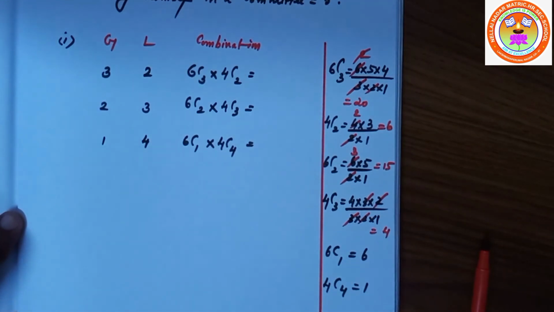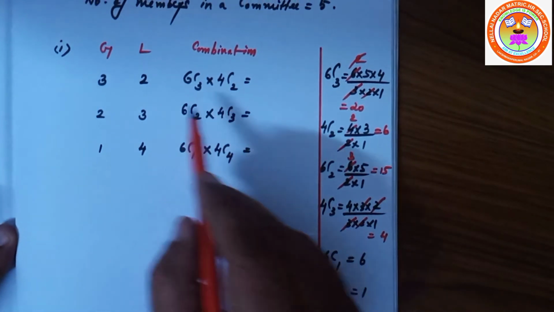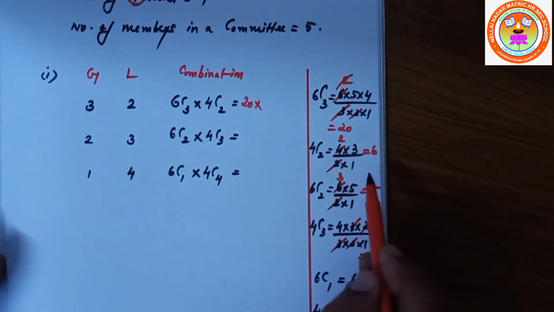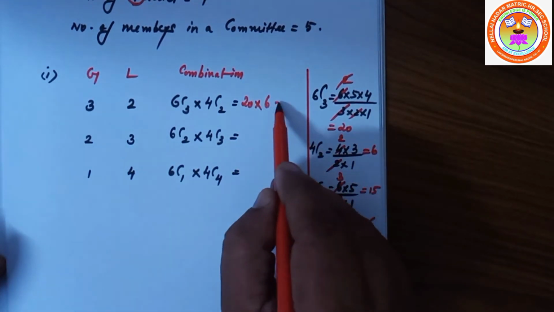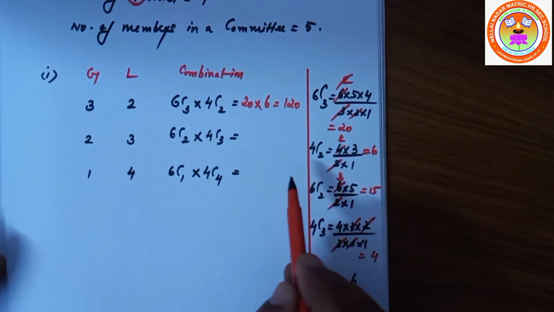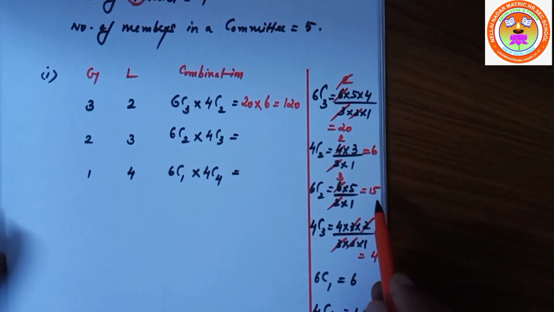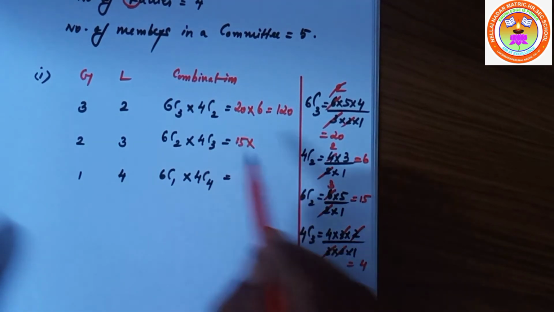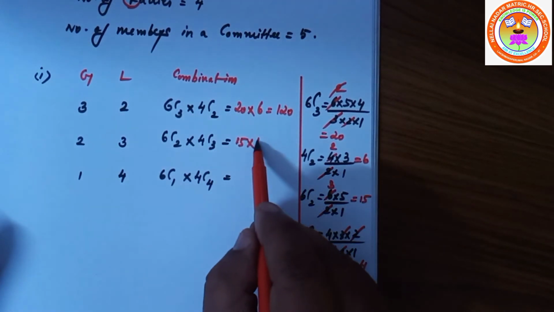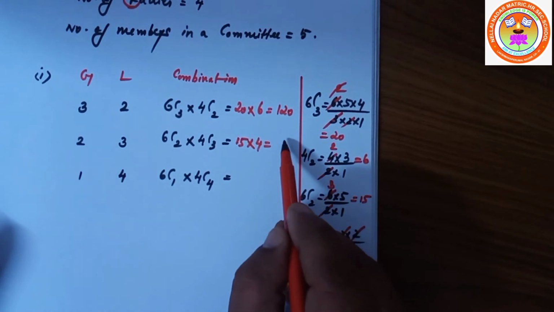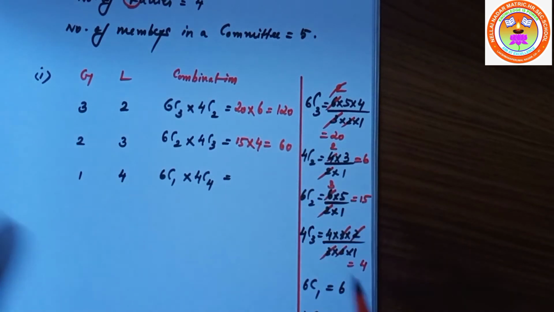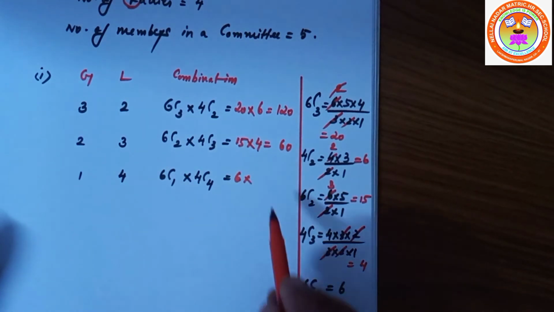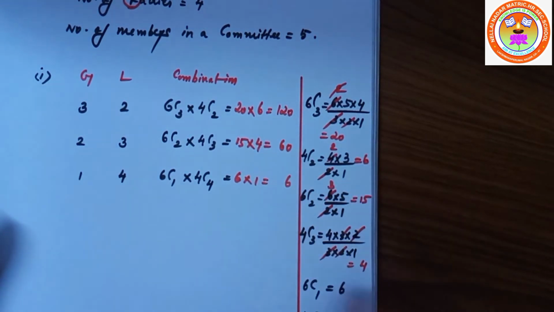Now we have to substitute. 6C3 that is equal to 20, 20 into 4C2 that is equal to 6. 20 into 6 that is equal to 120. 6C2 that is equal to 15, 15 and 4C3 that is equal to 4. 15 into 4 that is equal to 60. 6C1 that is equal to 6 and 4C4 that is equal to 1, that is equal to 6.